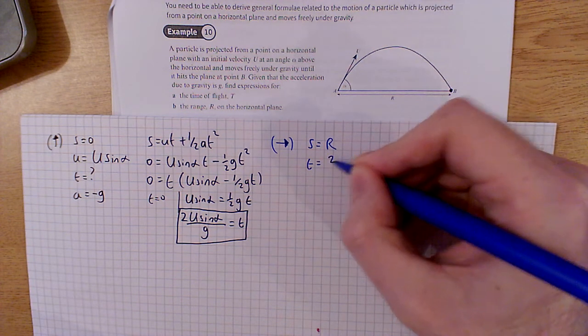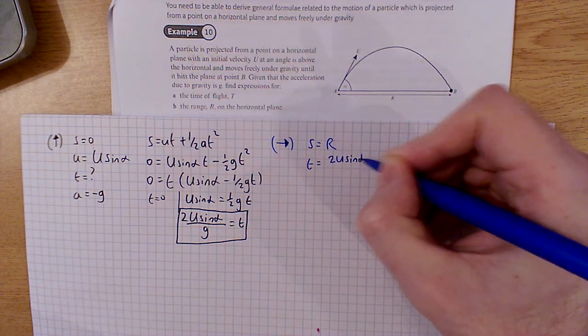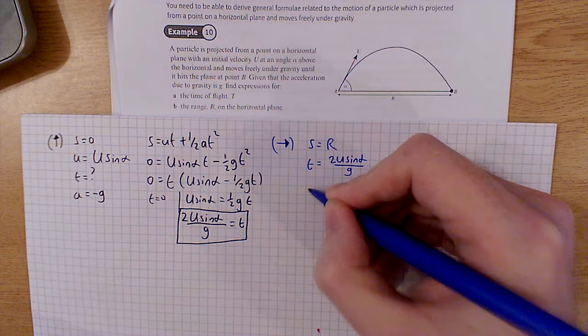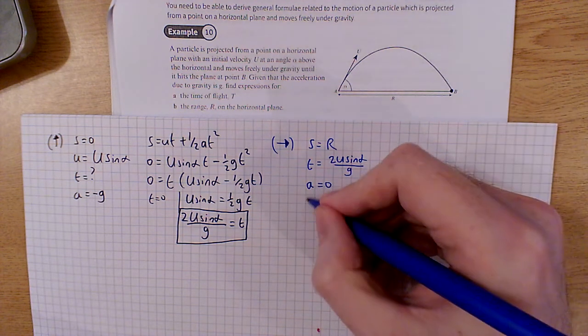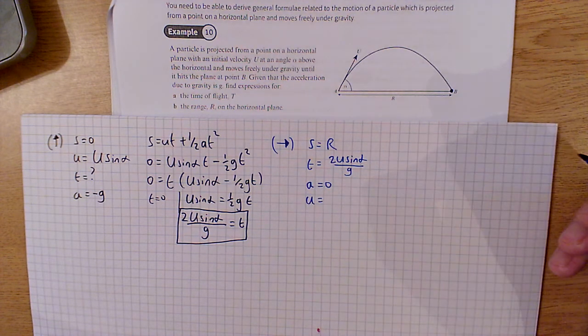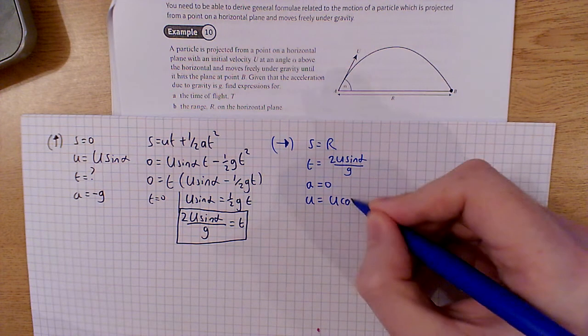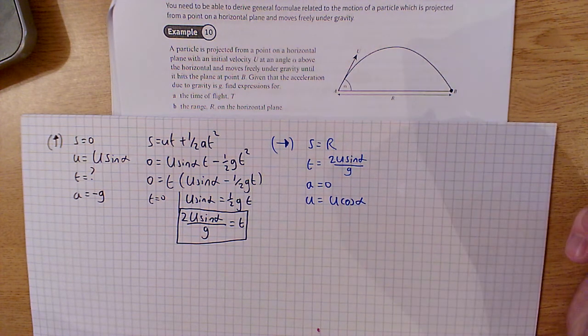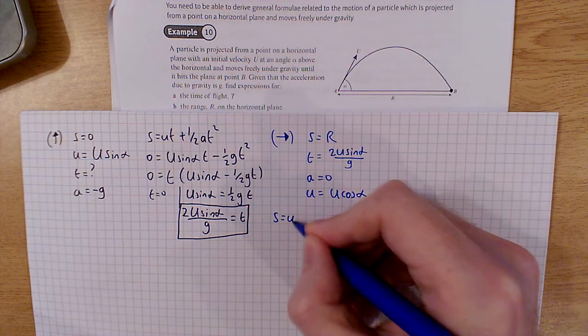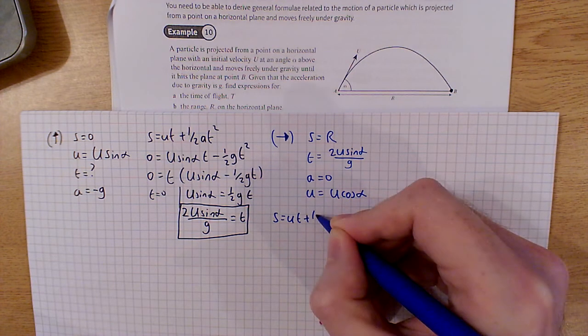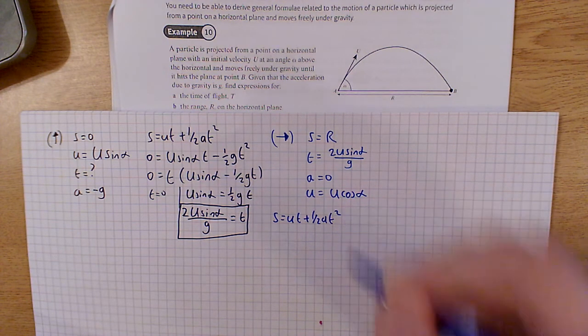We know the time is 2u sine alpha over g. We know that the acceleration is 0. And we know that the initial velocity is u cos alpha. So if we pop that into our equation, we've got s equals ut plus 1/2 at squared again.